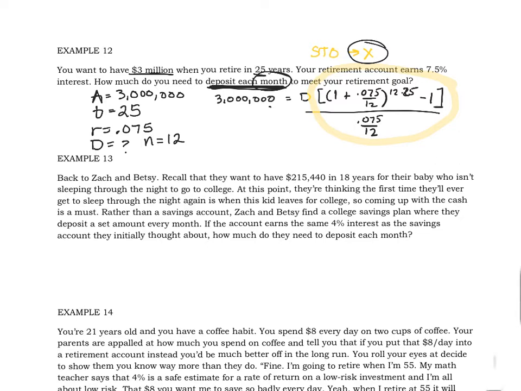Now, that is very easy to do, and quite frankly, it's my favorite way to do these. But otherwise, you're going to have to divide both sides by this right here.